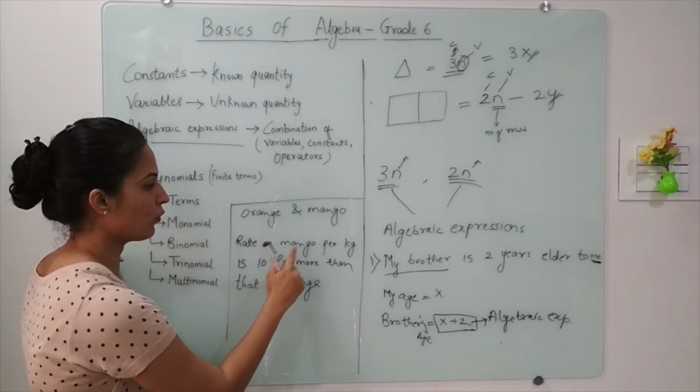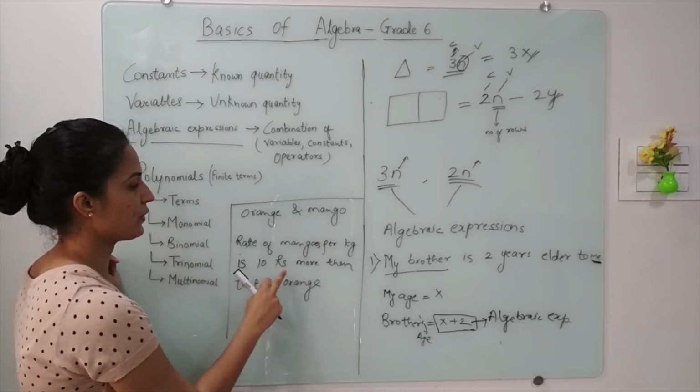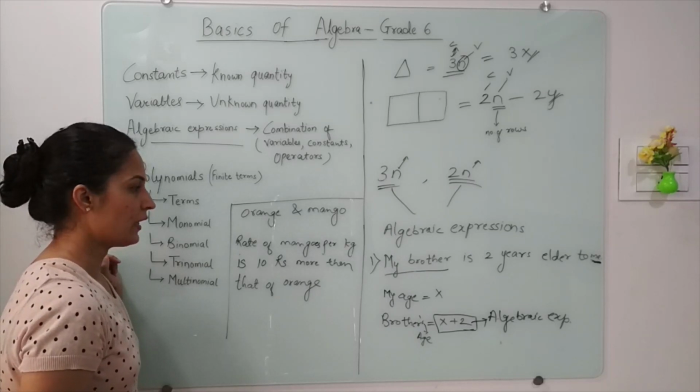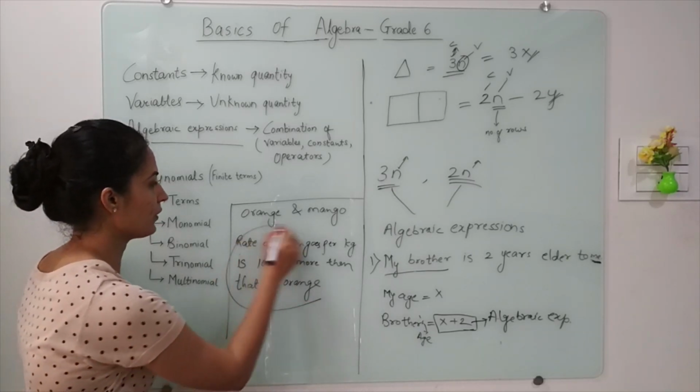Rate of mangoes per kg is 10 rupees more than that of orange. Now can you tell me what can be the algebraic expression for this particular statement?